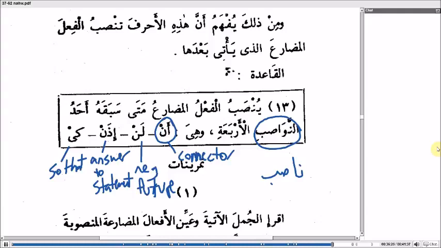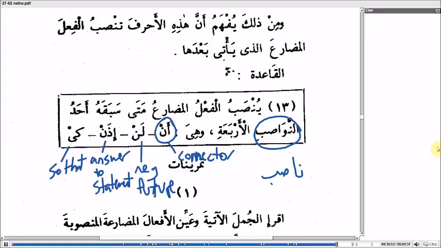If they appear before a verb, a fi'l mudari, they're going to change. And what we learned, and we didn't get there, inshallah ta'ala, but what we can see from this is that this is only for the fi'l mudari, because the fi'l amr and the fi'l madi, the command verb and the past tense verb, they never change.